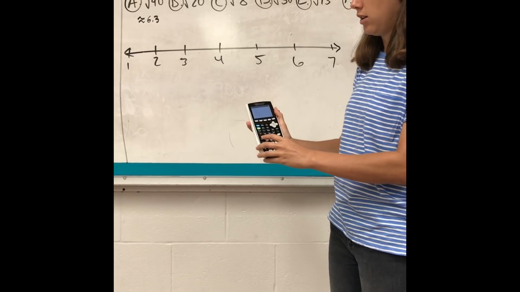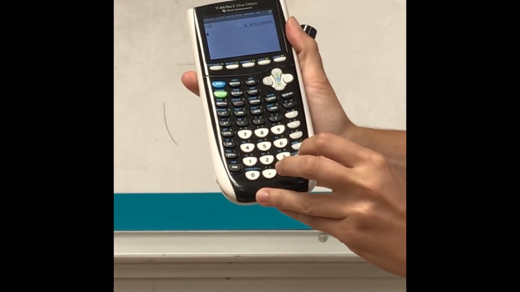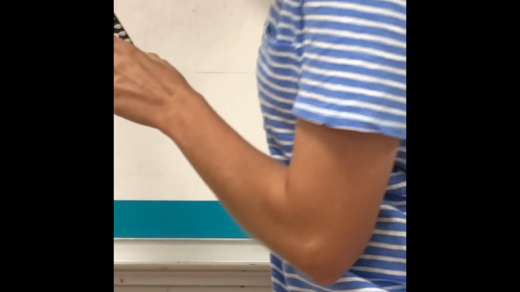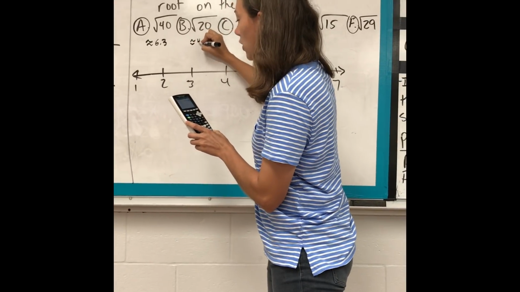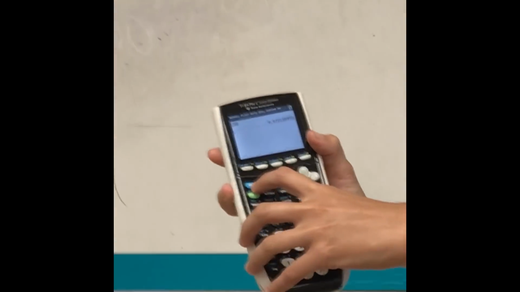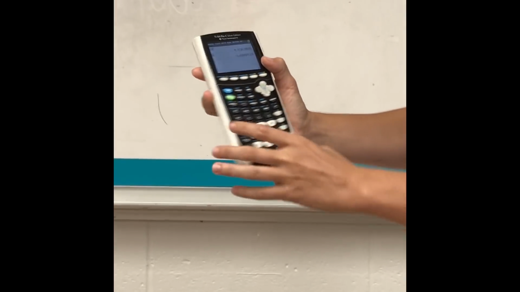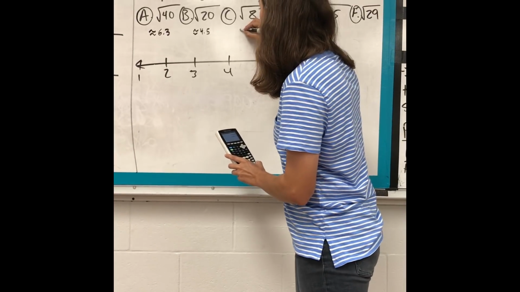So second x squared 20, enter, is about 4.47. I'm going to write that as 4.5. That 7's going to round it up. Second x squared 8, enter, that's about 2.8.